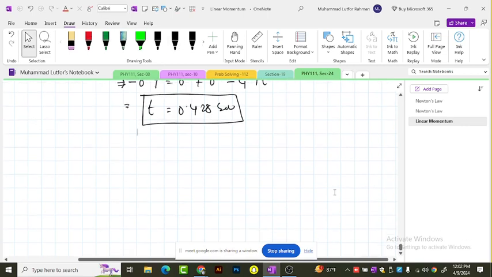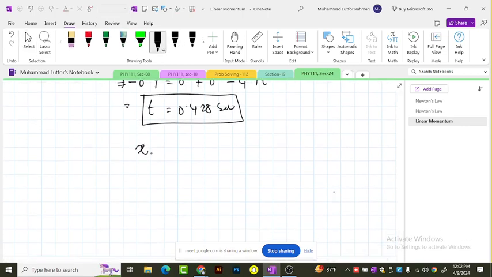Then you can find out x for the smaller m. It should be v naught x into t. So v naught x for the smaller m was 3.23 into 0.428.